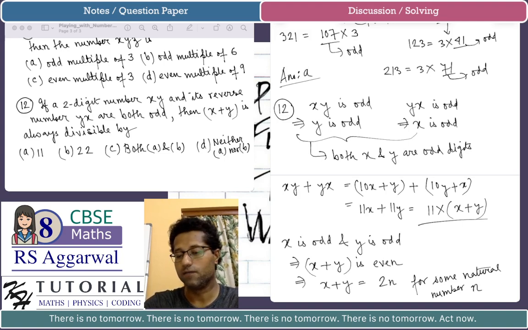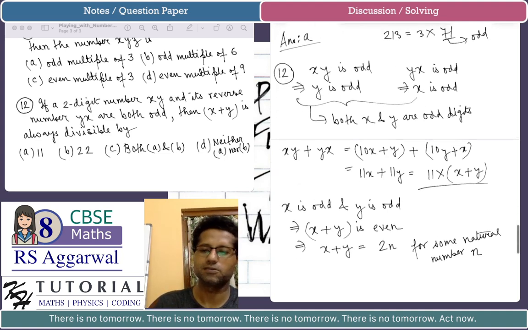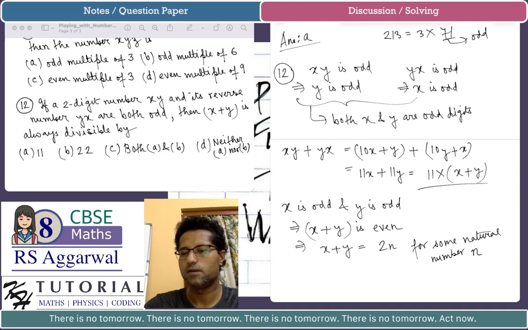Now x plus y will not be an even digit, but x plus y will be an even natural number. So from that we can say that x plus y can be expressed as twice n, where n is some natural number. Every even natural number can be expressed as twice n, where n is some natural number.